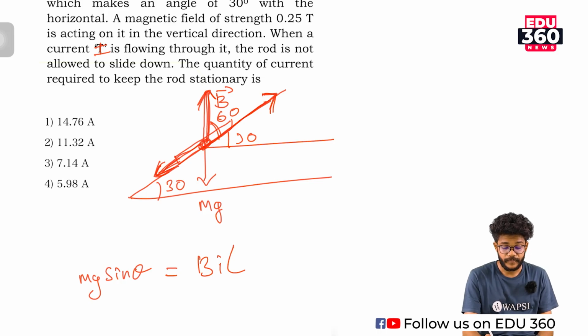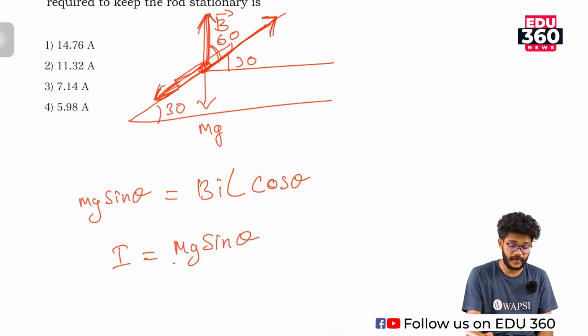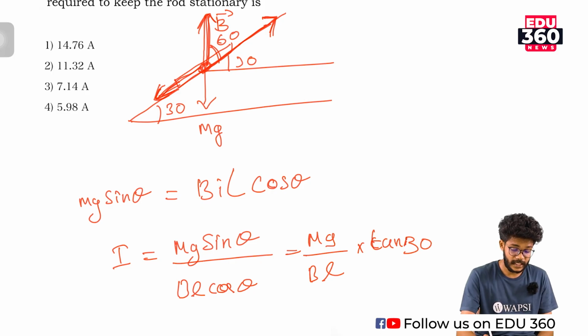So BIL cos theta. What we actually want is the current. So I is equal to mg sin theta divided by BL cos theta, which is equal to mg by BL into tan theta. Theta is 30.